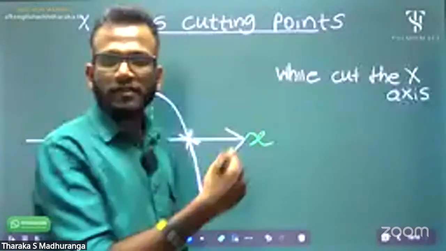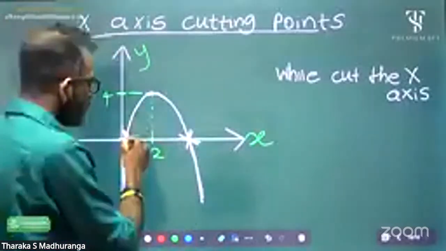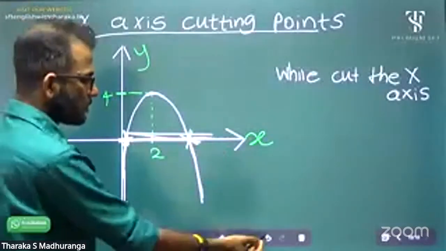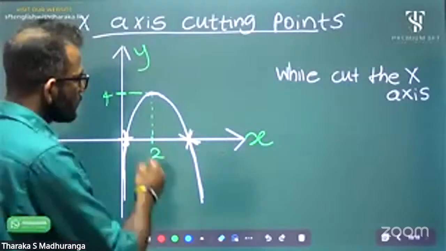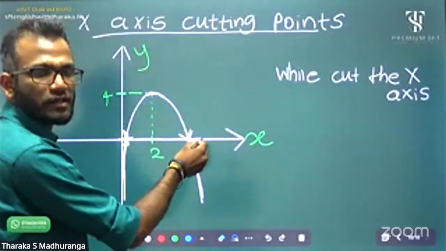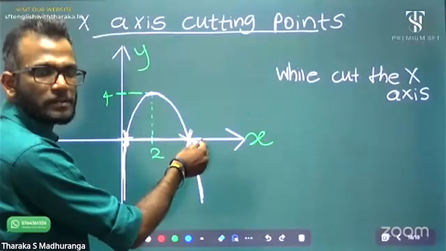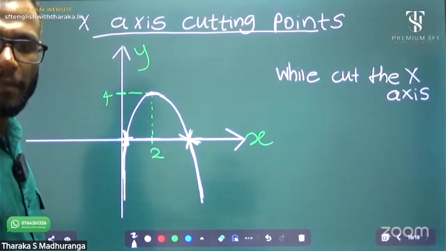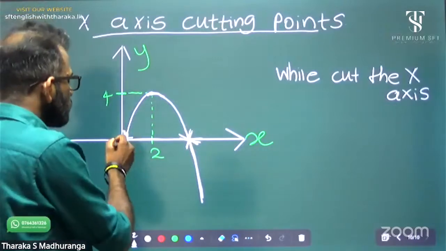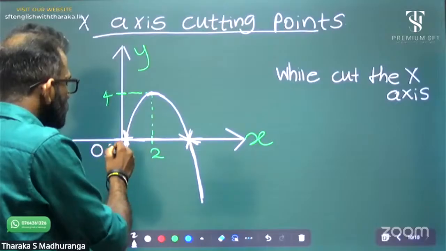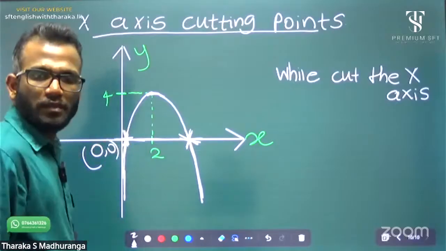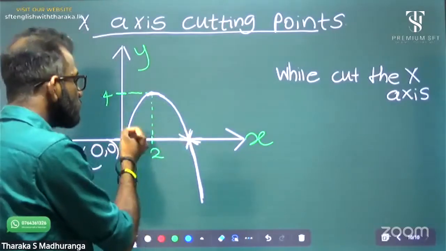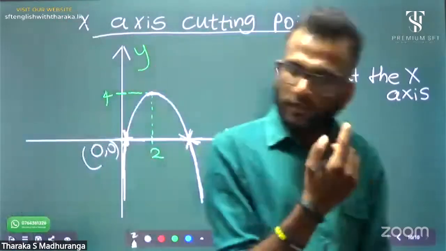I mean, on the main line, what's the value of y? Fatima, what's the value of y? Yes, definitely it is 0, because it is the 0 point, the initial point. When it cuts the x-axis, the y-axis value is 0.